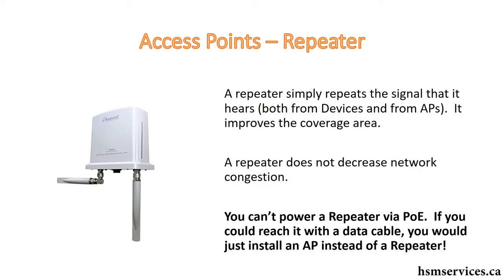So you can't power a repeater with PoE. I mean, technically you could, but if you could reach a repeater with a data cable, then you might as well just install an AP in that spot instead of a repeater. And repeaters have antennas, so you can add antennas to the repeaters. You could probably even add amplifiers to them as well.